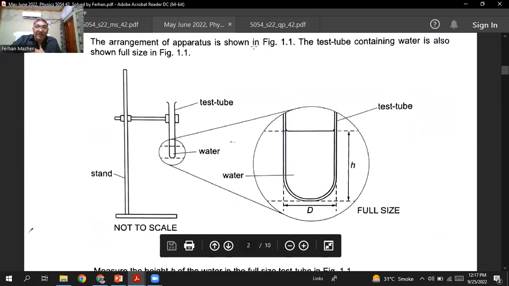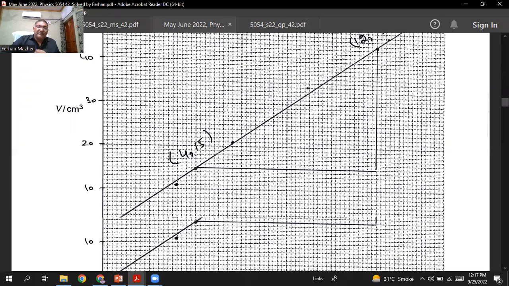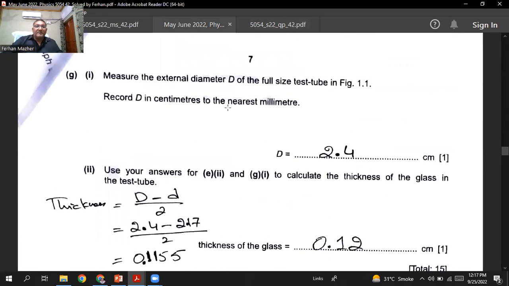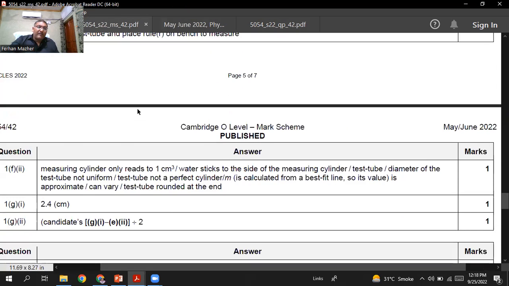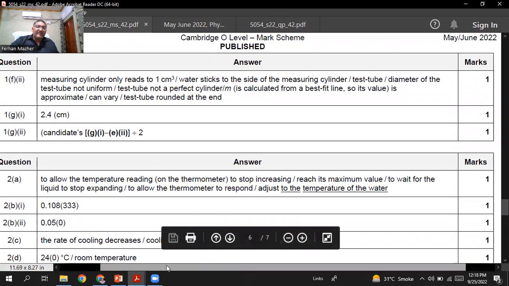Put a scale here and measure how much this is. When you actually measured it from the paper, it was 2.4 centimeter. So this is the answer.